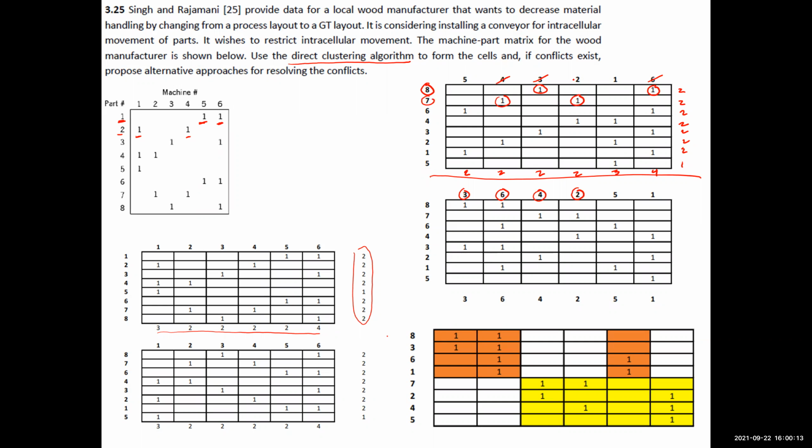So these 2 are fixed. And the third column, we have 5 with a 1. So we put 5 after that. And then the only column that is left is 1. So that one will stay there. So at this point, we are done with the columns movement towards the left.